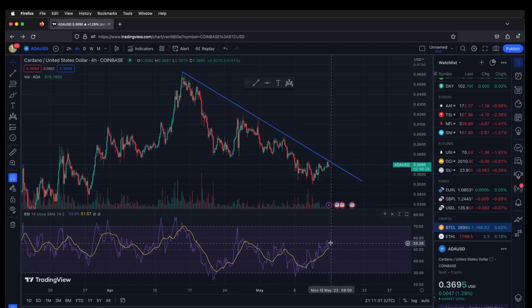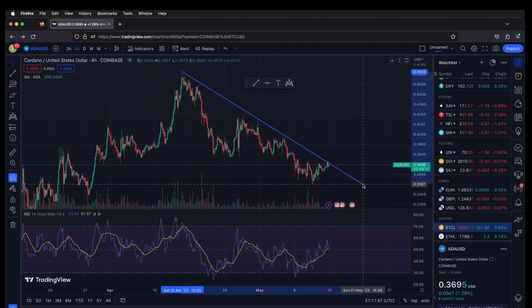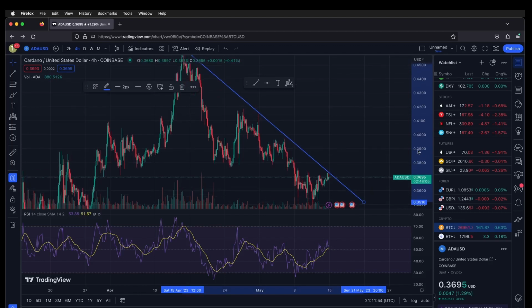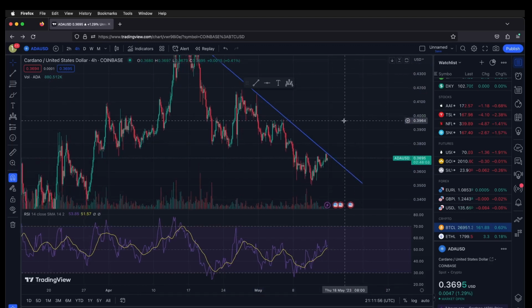It's crossing over into a buy zone, and I would enter into a buy if the candlestick closes above this line. That would be one of the signals that I would use as a buy signal.